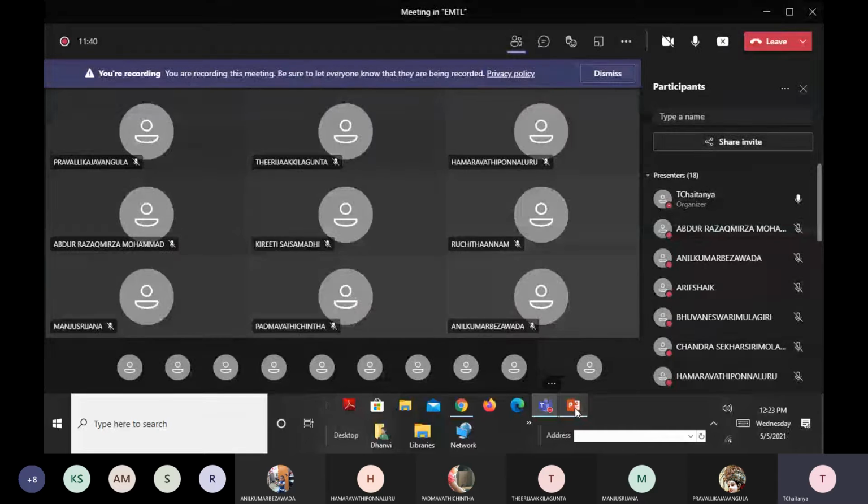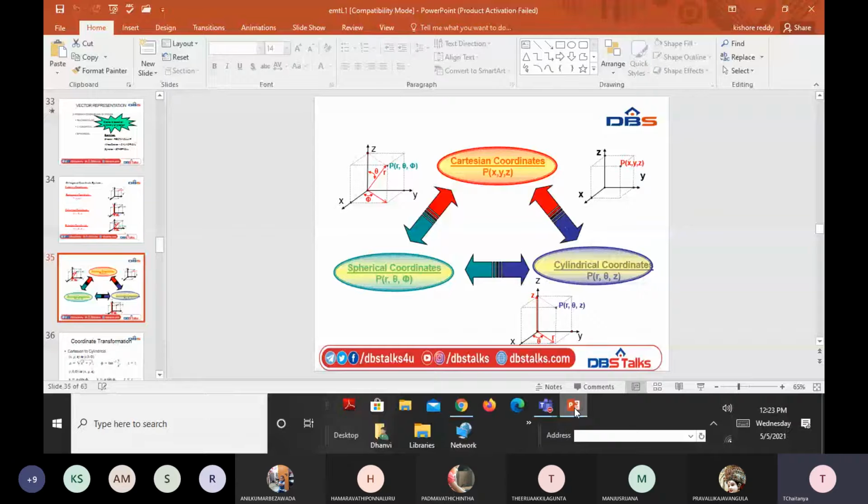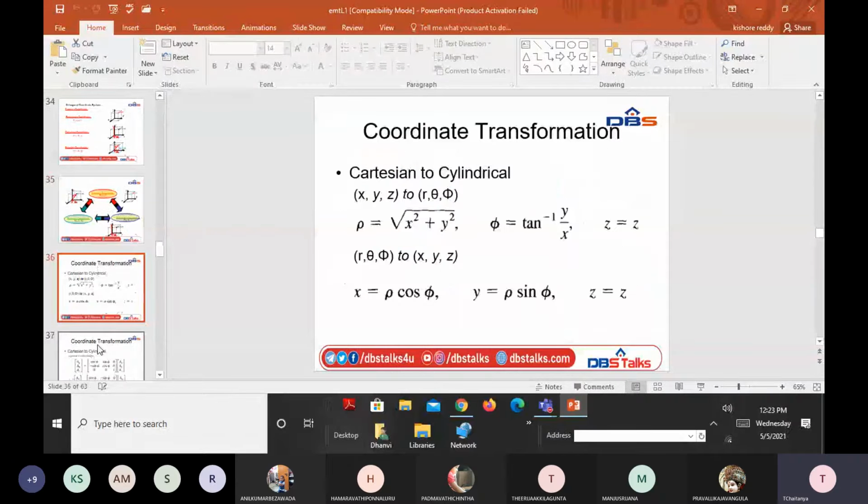Next, which formulas help us transform? Suppose I have a Cartesian coordinating system x comma y comma z and I want to transform these values into the cylindrical coordinating system.